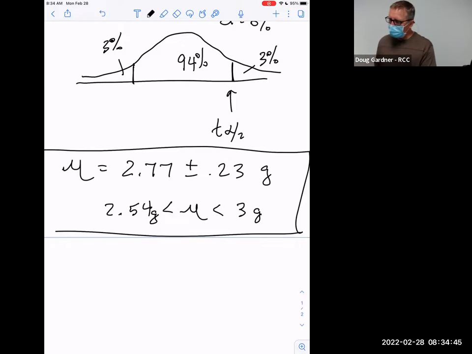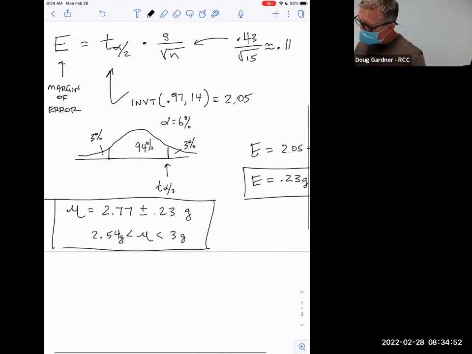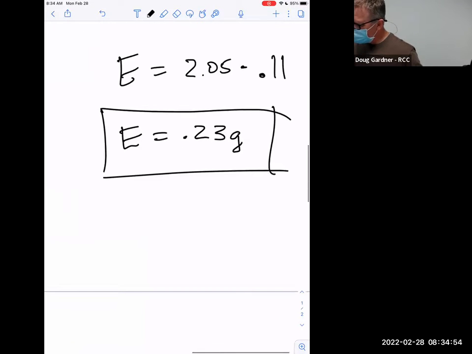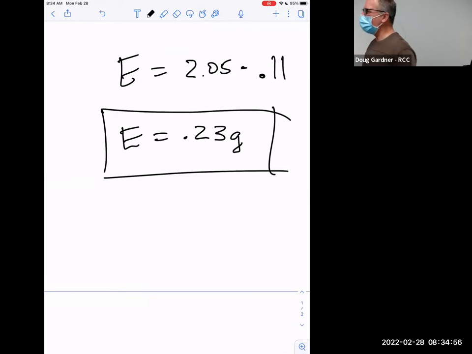Now, new thing. What if you decided that error is too big? Like you got here and you went, that's kind of disappointing. It's too big of an error. I work for the Cashew Society, and this is my whole job, and I want to have a way smaller error.